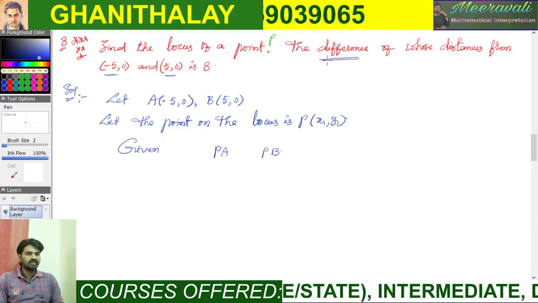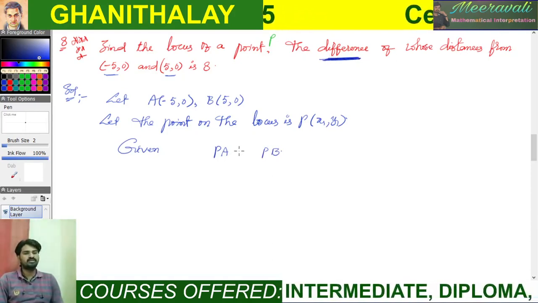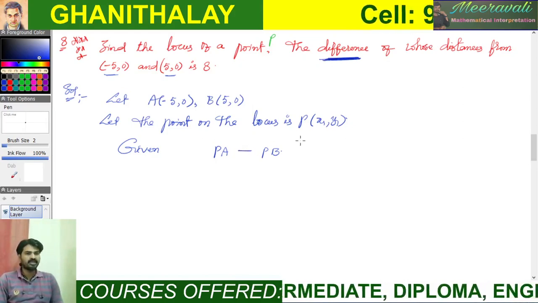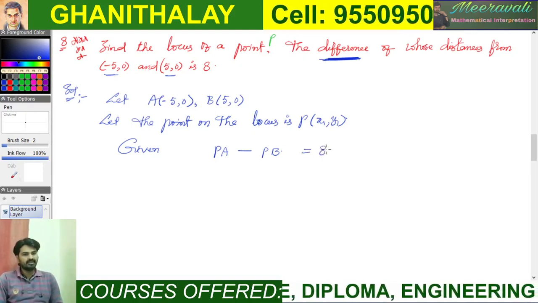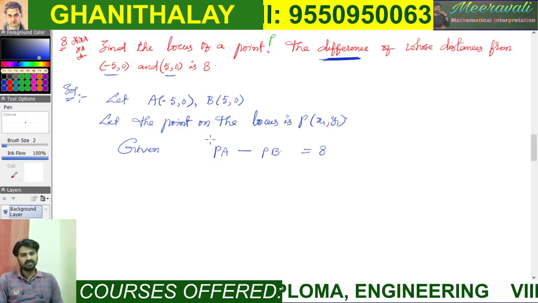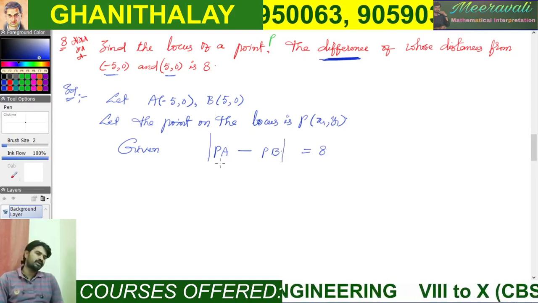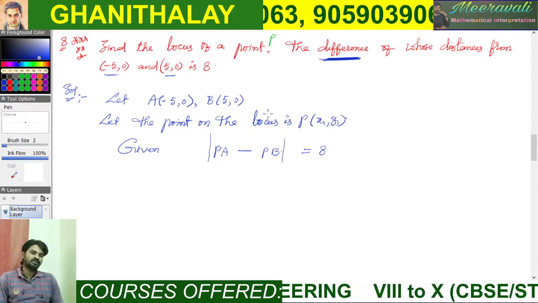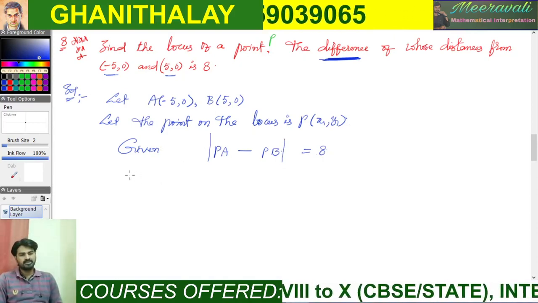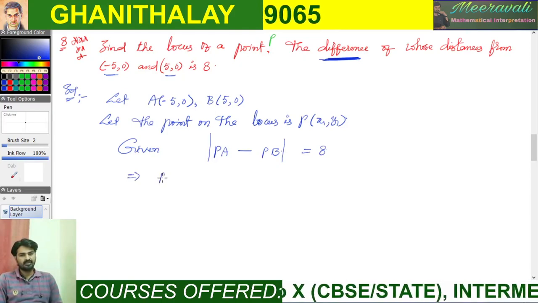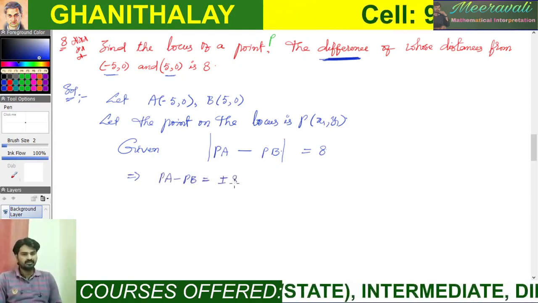So in the given problem, the difference of the distances is given. Difference means subtraction of the distances, and that will be 8 units. Whenever we subtract the two distances, it will be either positive or negative, so we take the modulus: modulus of PA minus PB is equal to 8. As in the previous problem, PA minus PB is equal to plus or minus 8.